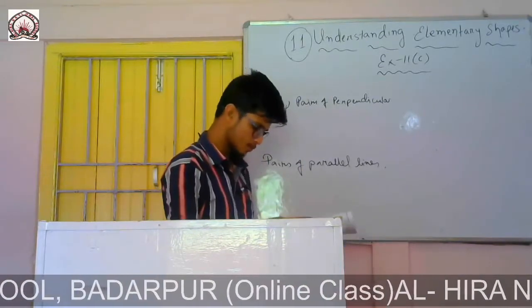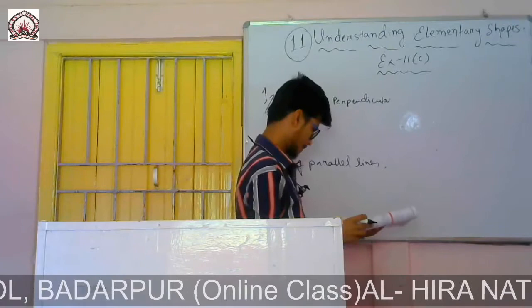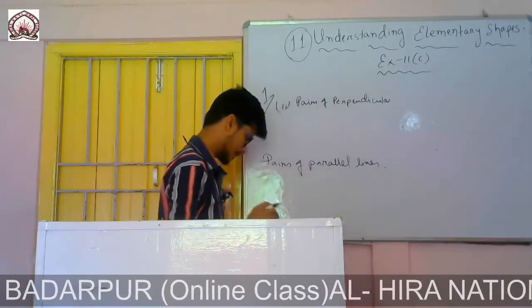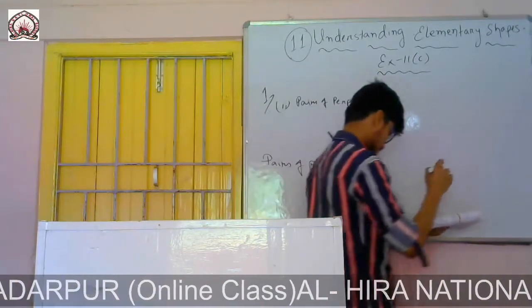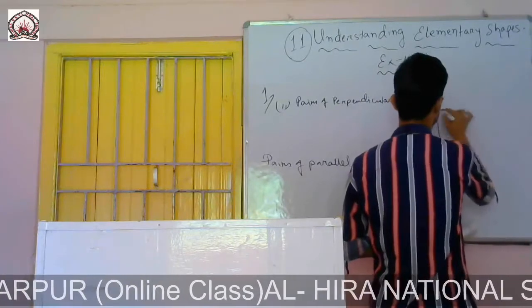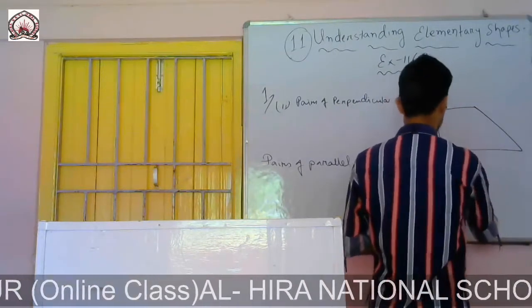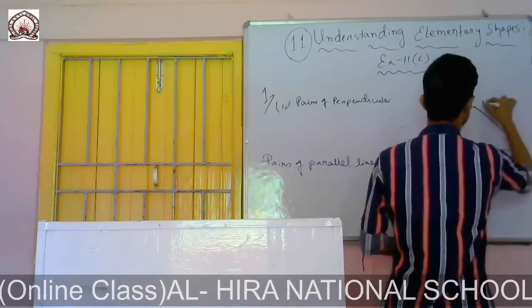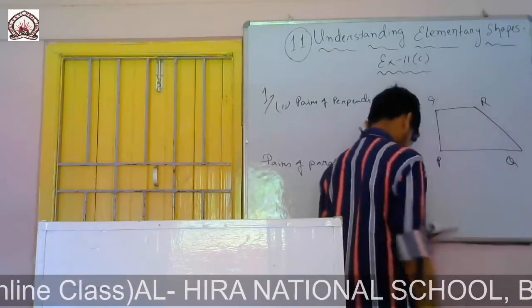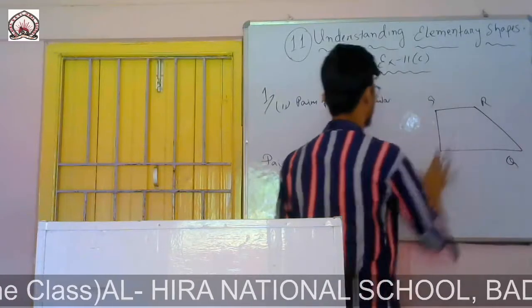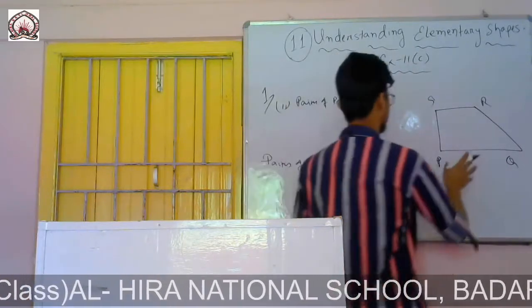The diagram is there in your book. So pairs of perpendicular lines, it is given like this, PQRS. This is a given quadrilateral. It has four sides.